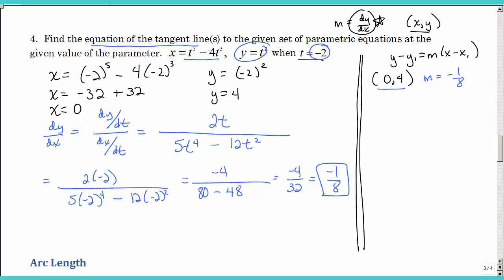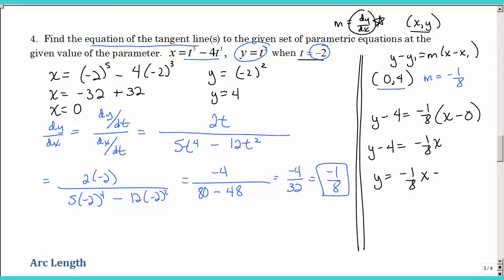So now I can write my equation of my line. So y minus y1 equals my slope times x minus x1. Just going to make that a little bit prettier. And I'm going to go ahead and solve for y. I don't have to. It just looks nicer to have it in that slope-intercept form. So that would be the equation of the tangent line.